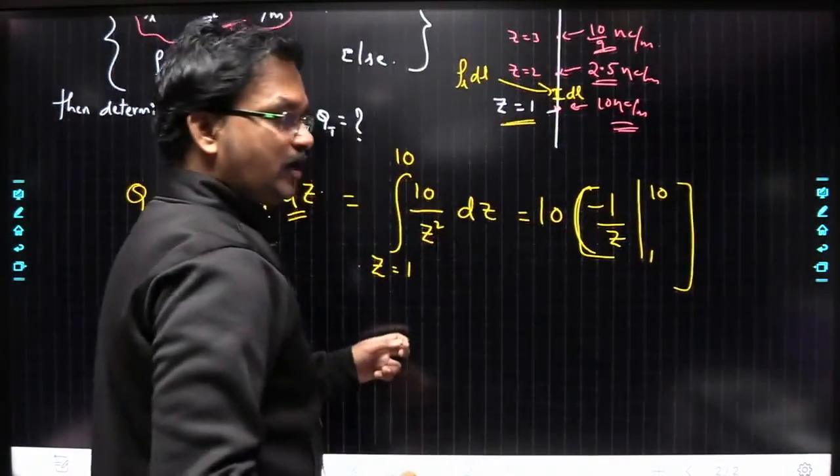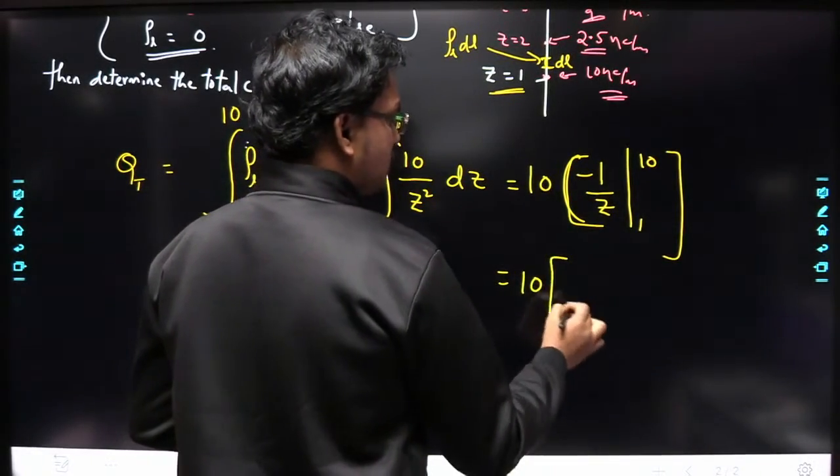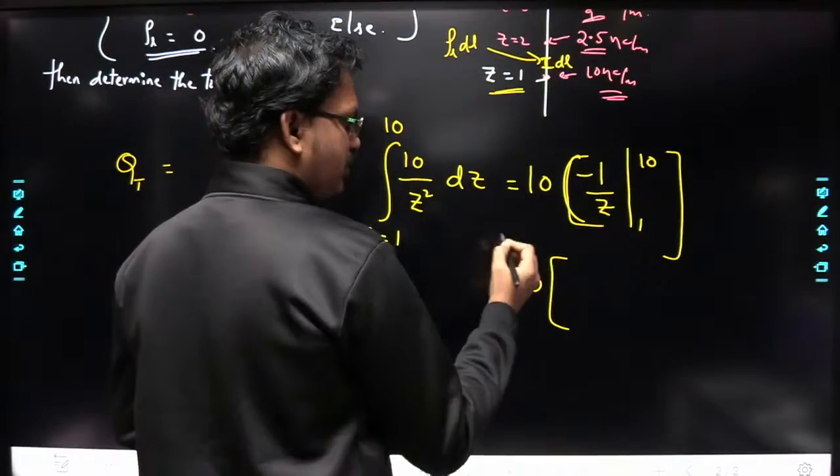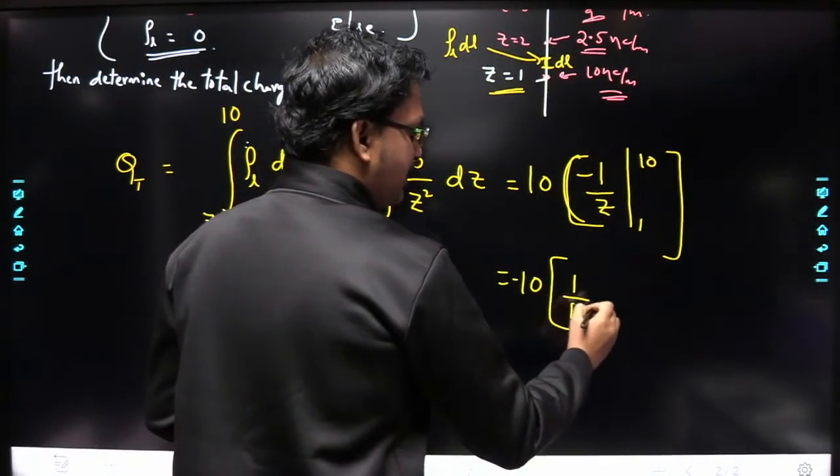Now if you substitute this here, take minus outside, so you are going to get minus 10 into, substituting the range, 1 by 10 minus 1.